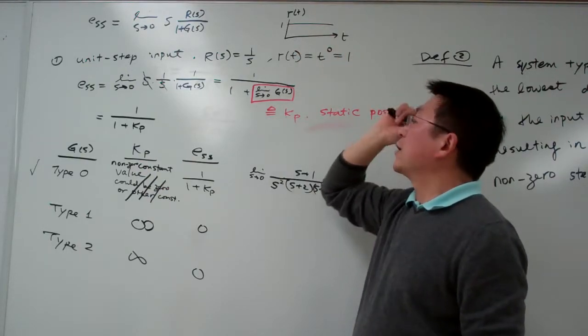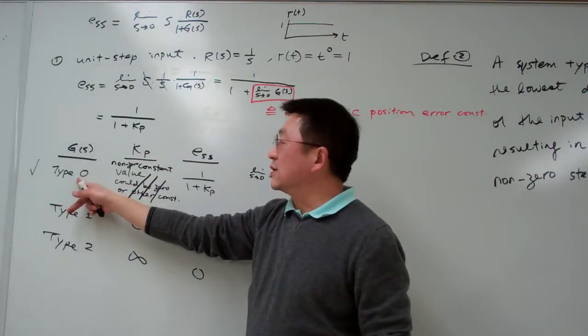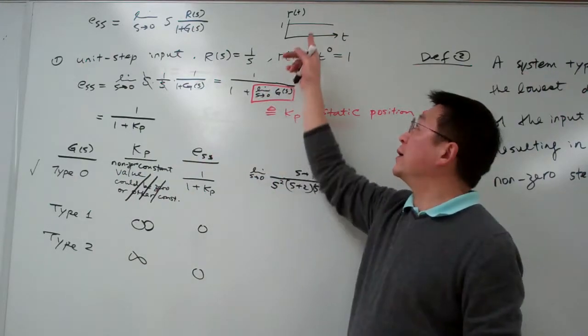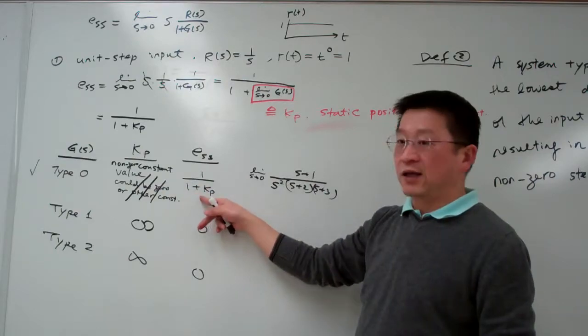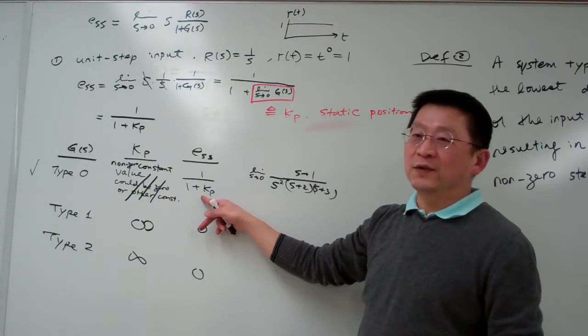For a type 0 system, it's going to follow a slow input and have a steady state error. What do I mean?